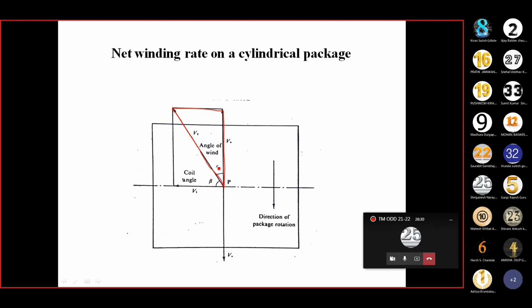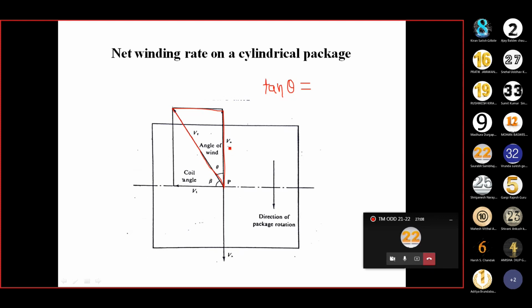Those students who have completed their 11th and 12th can answer this question very easily. How can we find this theta, the angle of wind? Can I take tan theta? Yes, opposite upon adjacent. Yes, we can take tan theta.